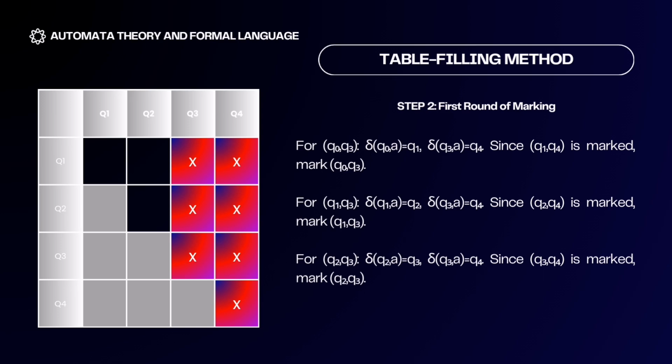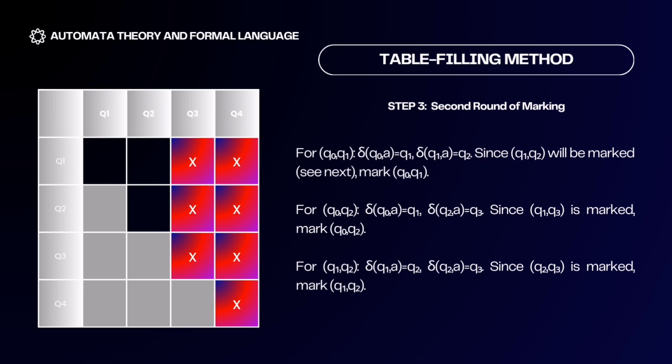Since Q1 and Q4 is marked, mark Q0 and Q3. For Q1, Q3, Q1 input A is equal to Q2. Q3 input A is equal to Q4. Since Q2 and Q4 is marked, mark Q1 and Q3. For Q2 and Q3, Q2 input A is equal to Q3. Q3 input A is equal to Q4. Since Q3 and Q4 is marked, mark Q2 and Q3.